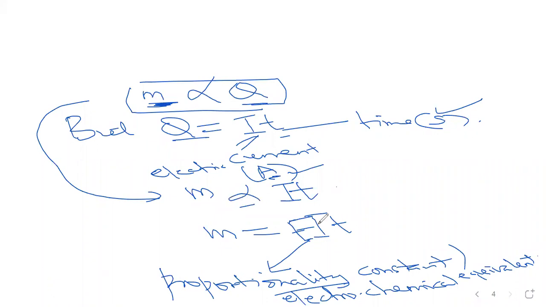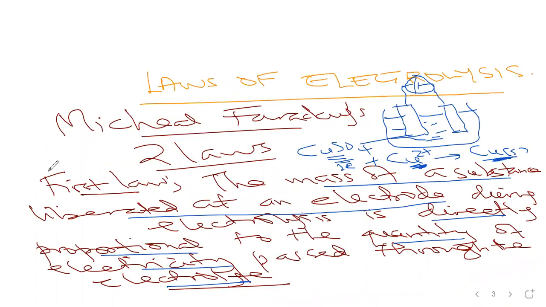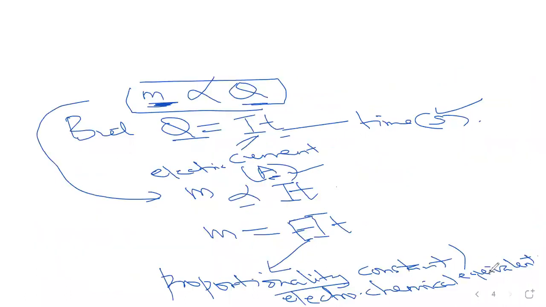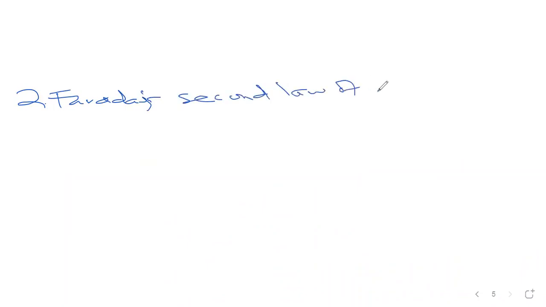Michael Faraday was not settled, as if that was not enough. He also devised a second law of electrolysis. I'm calling it Faraday's second law of electrolysis.